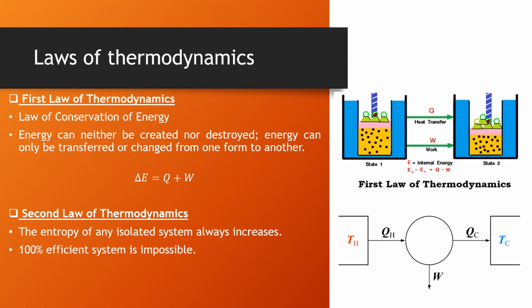So the only way you can move from state 1 to state 2 is either by heat transfer between the systems or by changing work done by the system between the states.